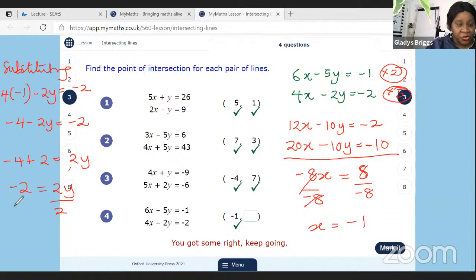Divide both sides by 2. You would have y is equal to -1.